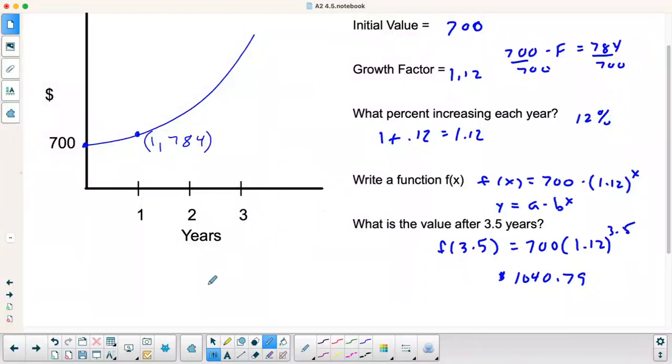Now, if I wanted to do a table like I was doing here, 0 is 700, 1 is 784. Every year it's like you're timesing it by 1.12.